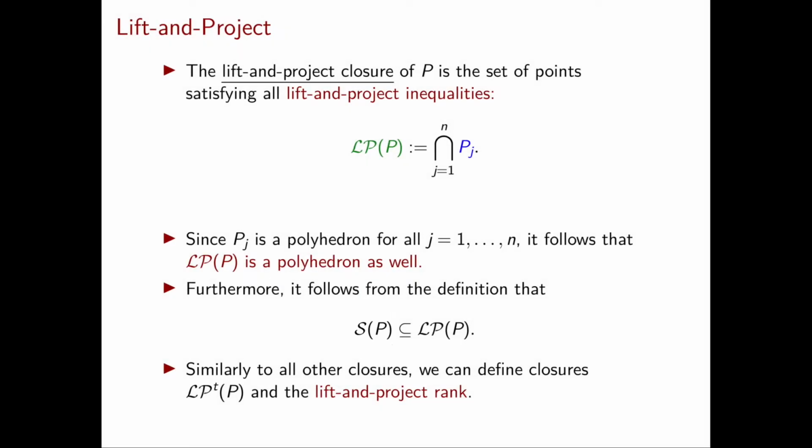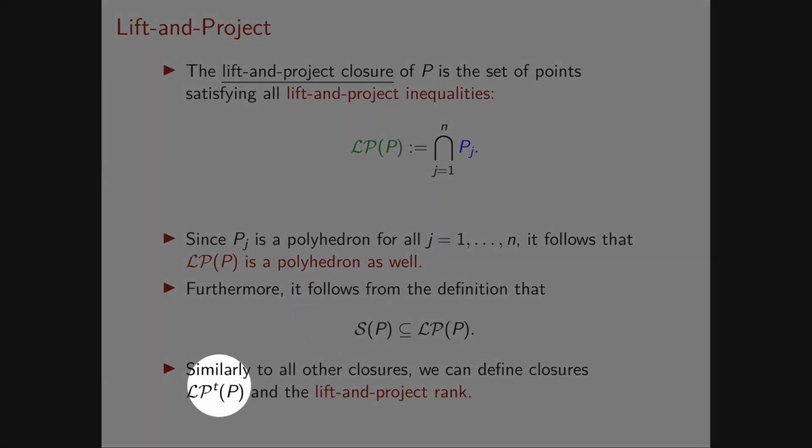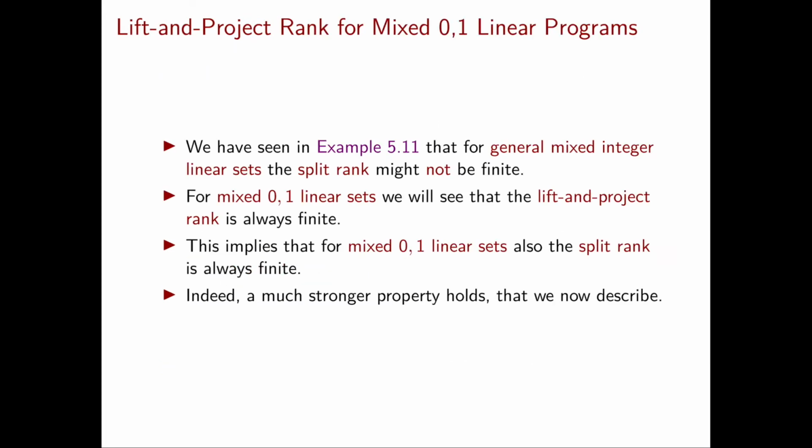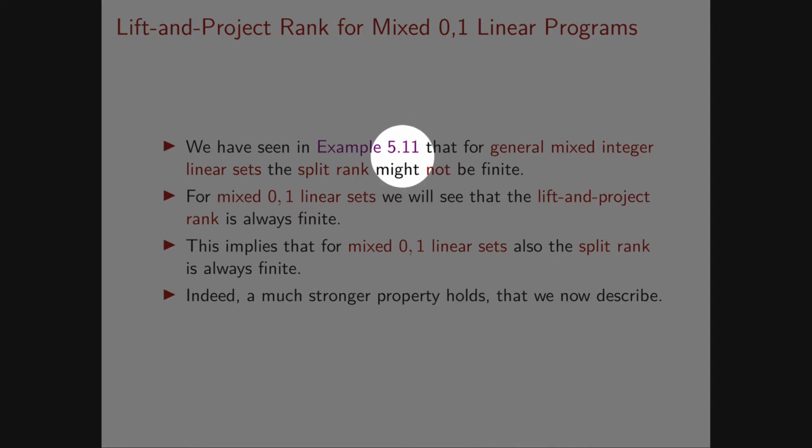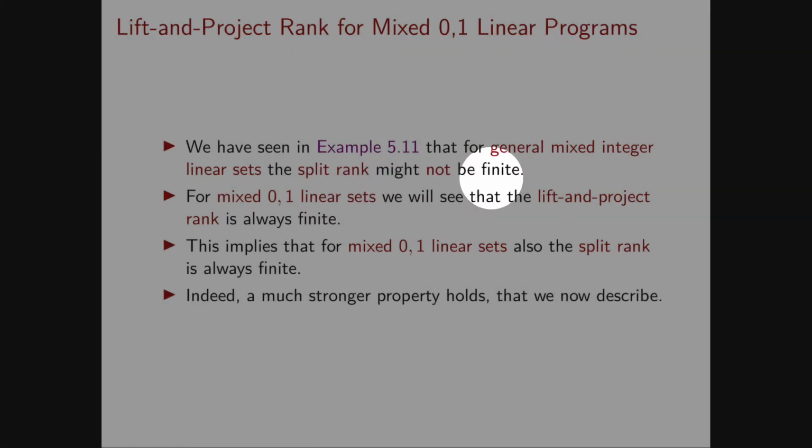Now that we know that the lift and project closure is polyhedral, we can define the lift and project closure number t as we did in all other previous cases. And we can similarly define the lift and project rank. When we talked about split inequalities, we saw in example 5.11 that the split rank might not be finite.